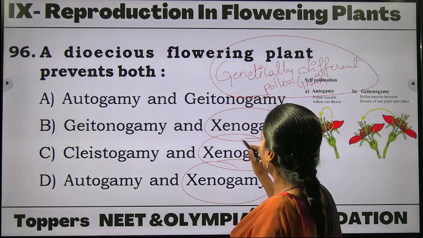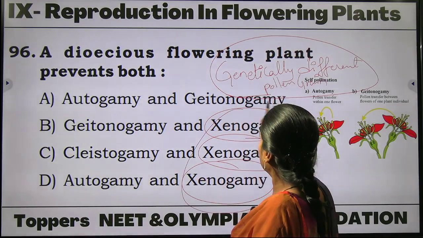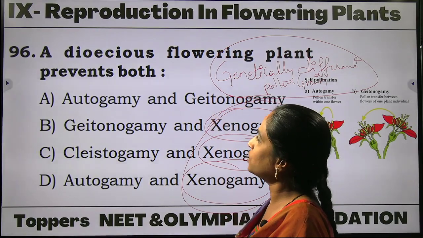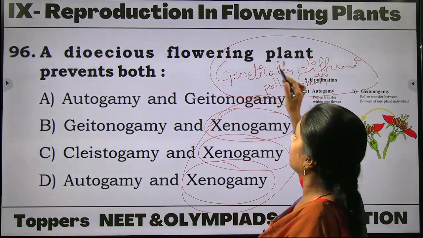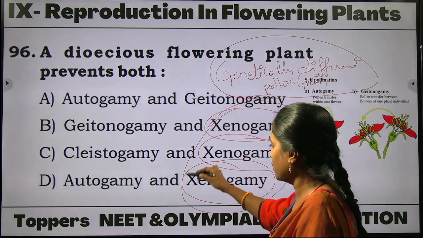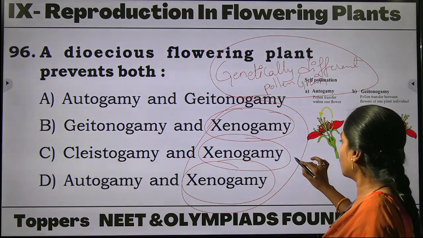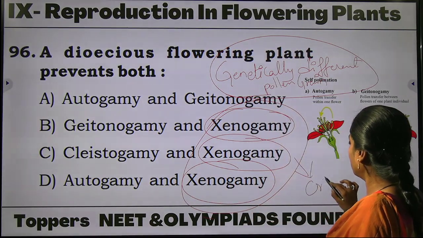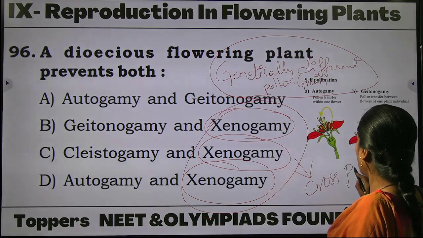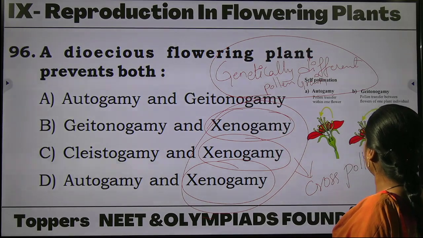So that is nothing but xenogamy, right? So here what he is asking in the question, a dioecious flowering plant prevents both. So here, at any cost, there is cross pollination.